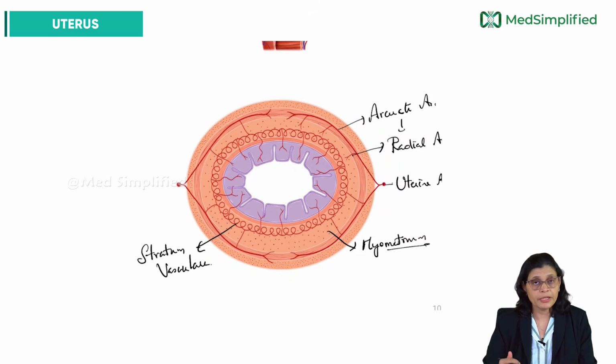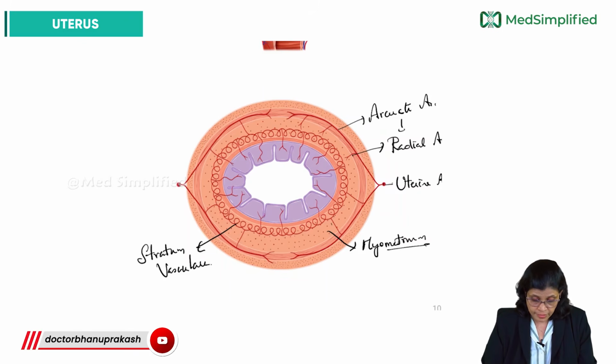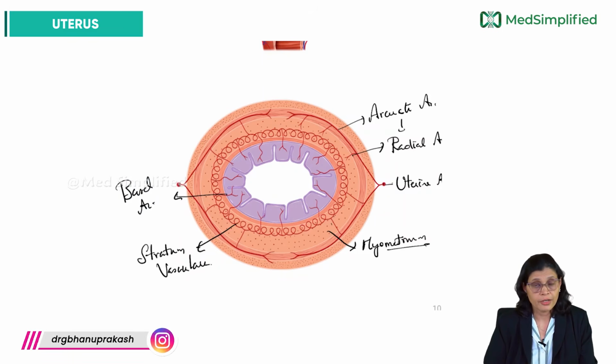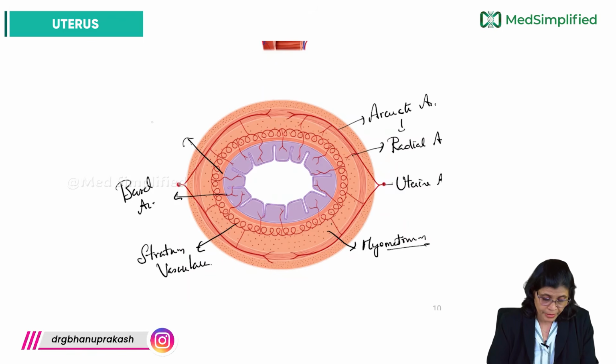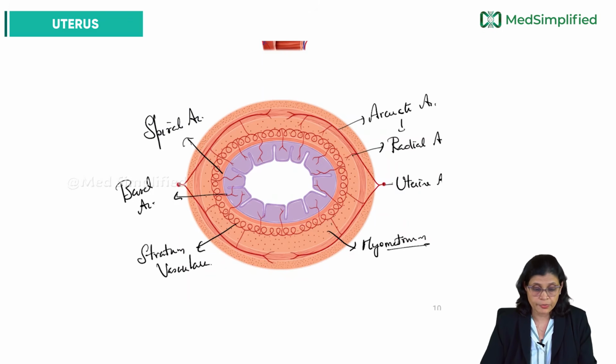The endometrium has two parts, the stratum functionale and the stratum basale. Accordingly, from the stratum vasculare we have two branches: one going to the stratum basale, which we call the basal arteries, and one going to the stratum functionale, which we call the spiral arteries.